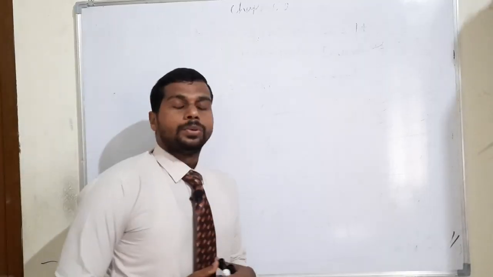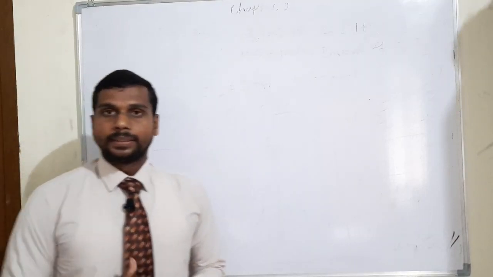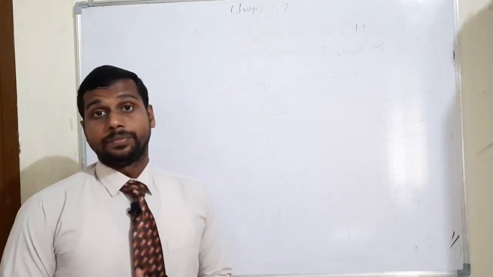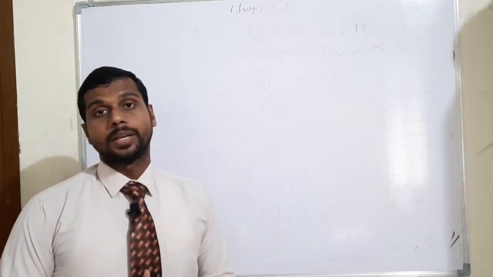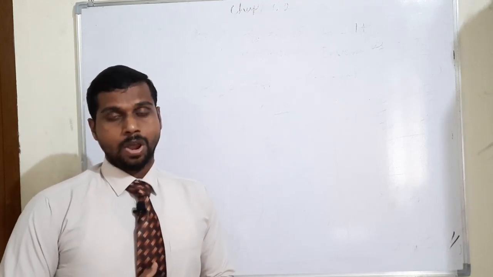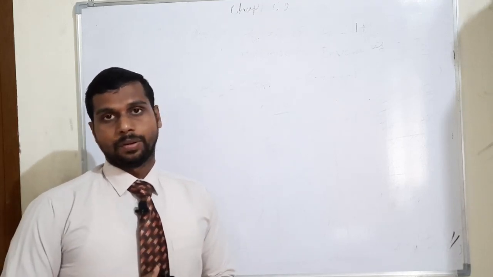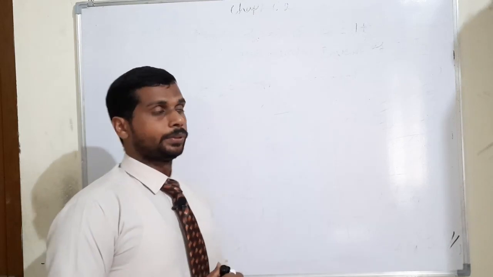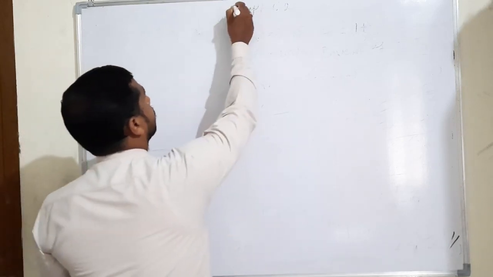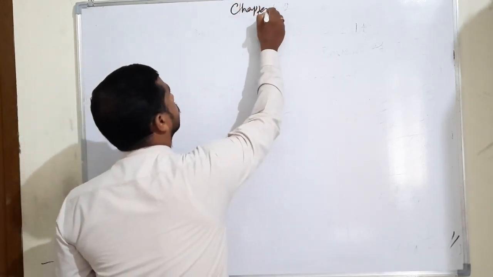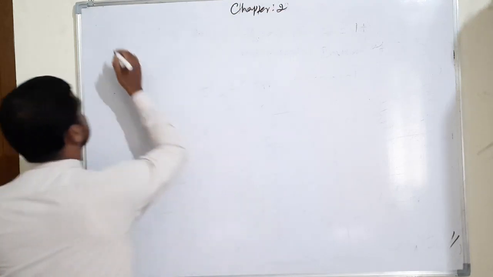So I am moving on to continue the concept related to exercise 2.3 and the example also. First, what I am going to say is regarding the conjugate. Chapter 2, conjugate.